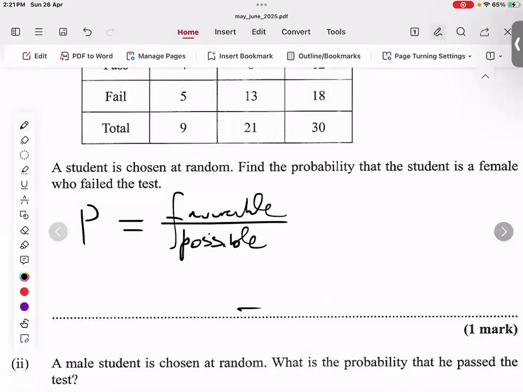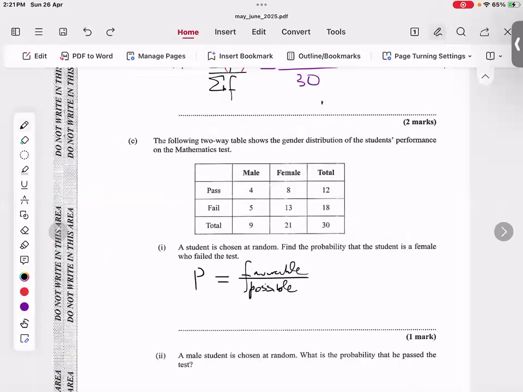So the question is, we want to find out how many females failed the exam. Look at the table. Remember, the objective is female and failed. So how many females failed the exam? 13, correct. 21 is the amount of females that did the test.